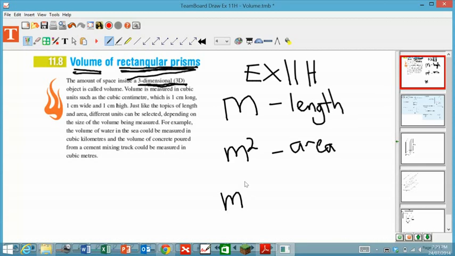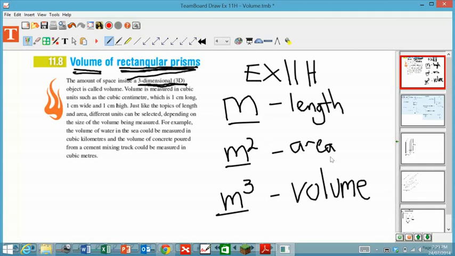And now we are looking at cubic meters, cubic centimeters, cubic millimeters or cubic kilometers, which is looking at volume. This is why units are so important, because there's a big difference between just flat out meters, which is length, meters squared, which is talking about area, and cubic meters, which is talking about volume.